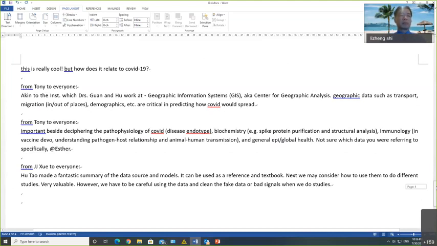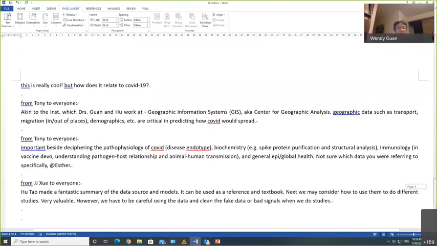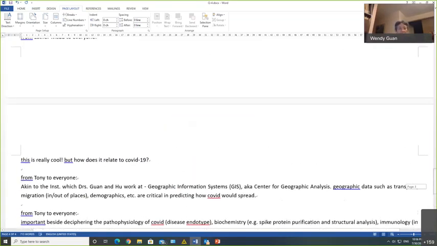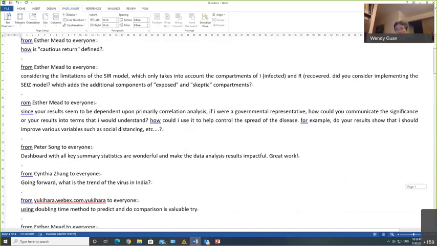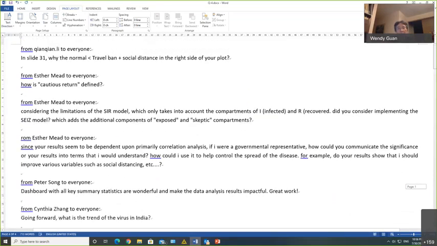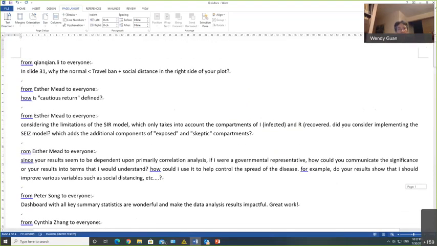This is Wendy. I'll take it. I think spatial analysis applies to many different fields. If you take the experience of our center here, the Center for Geographic Analysis at Harvard, we support research across the university. So public health is only one area. Of course, it's a heavy area.